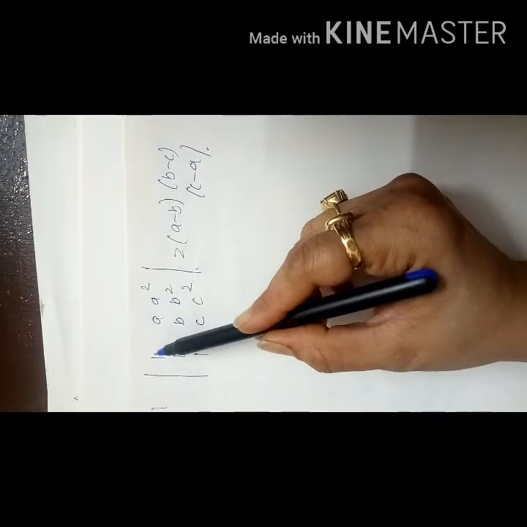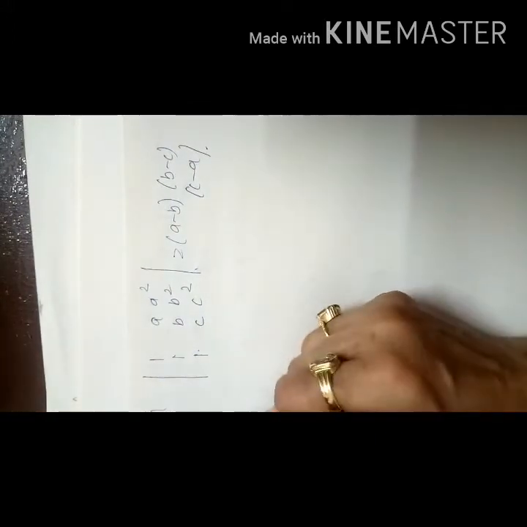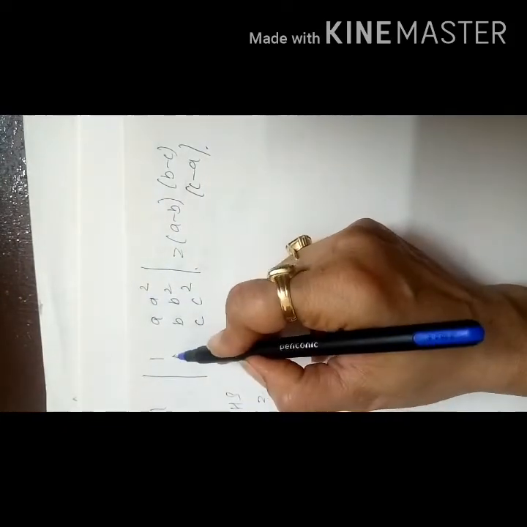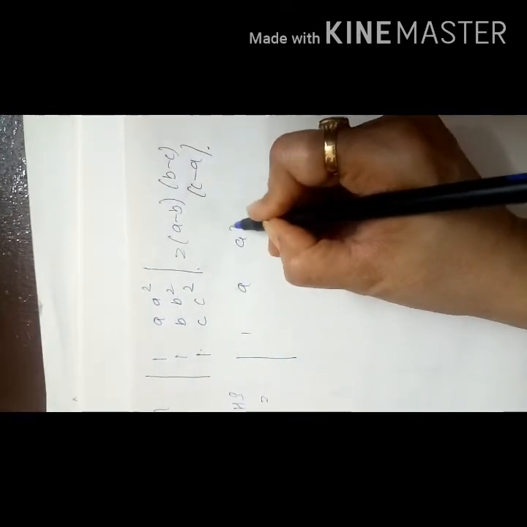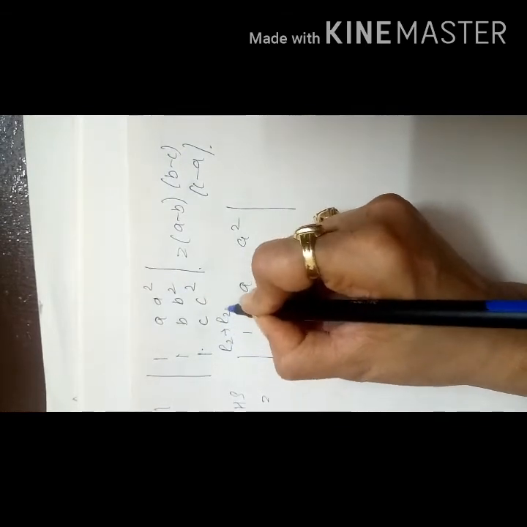Now this is the 8th question, first part. Now when one column is given 1, 1, 1, the question will be very easy. Now when all the elements are 1, what will we apply? This R1 remains, we will leave it as it is. Then R2 will be R2 minus R1.